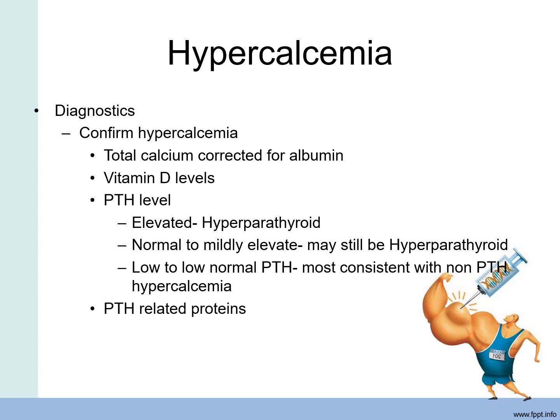So then we will check the parathyroid hormone related peptide. If the PTH level is normal to mildly elevated, it still may be hyperparathyroidism. And with our patients, we would much rather see the elevated parathyroid hormone with elevated calcium and pointing to an adenoma as the cause versus a malignancy.